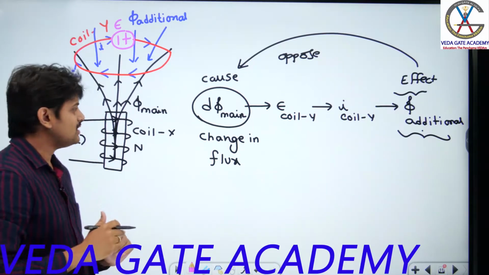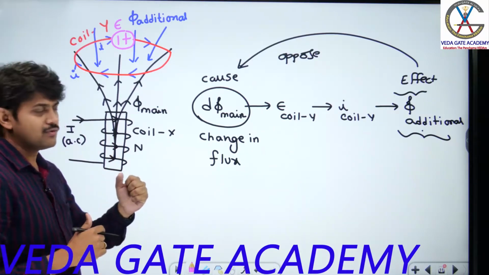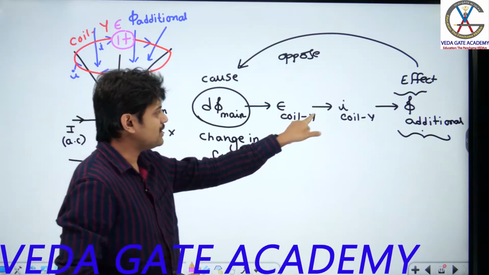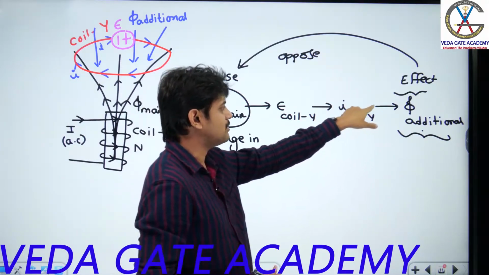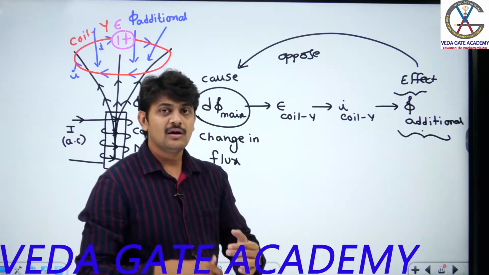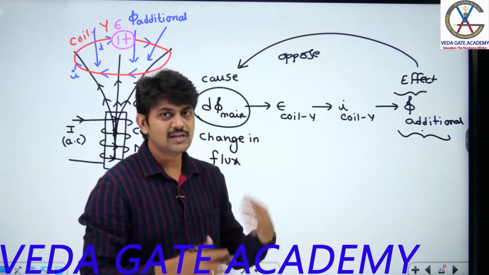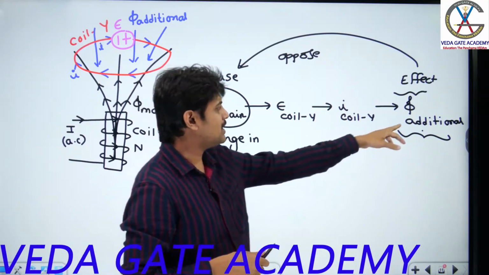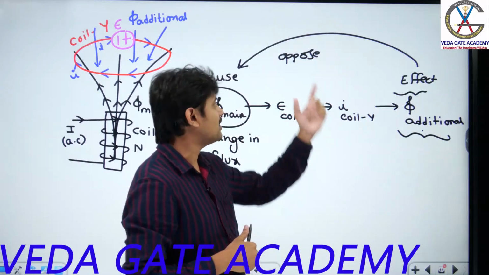If you try to see the flow here, what will happen? Because of the change in flux linkages, EMF is produced. Because EMF is produced in the coil Y, current starts flowing. Because of this coil current, additional flux is produced. But in order to get the polarities of these three things, we need to do the reverse analysis. First, we find the polarity of additional flux according to Lenz law.